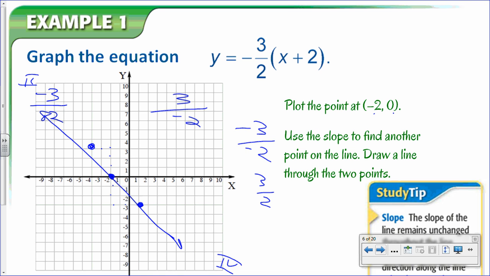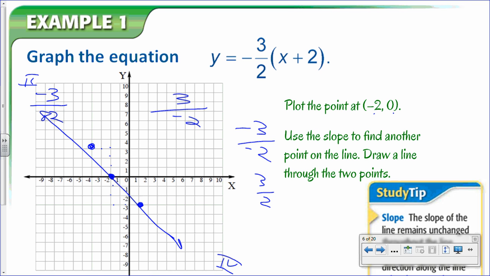Everybody clear on that? Now, one thing I've been noticing about some of y'all's graphs, make sure that you take your lines and extend them all the way where? All the way to the edge of the coordinate plane. The reason for that is because when we start doing inequalities, which we'll do in this chapter, we'll graph inequalities.